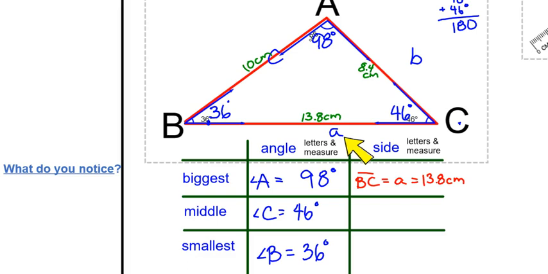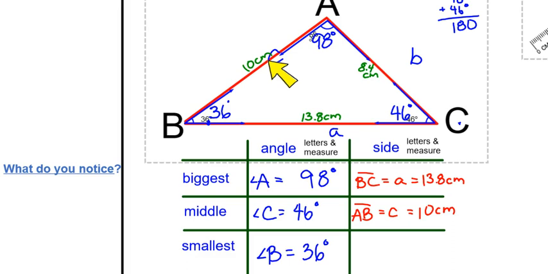And then they want the middle side, right here. So between the other two, we have 10 and 8.4. The 10 is the middle number. That's on the left. It goes from A to B, or we can call that little c. So we say that AB, which is equal to little c, is 10 centimeters.